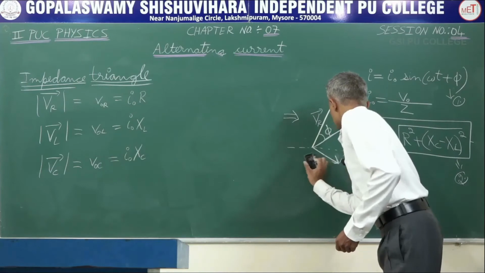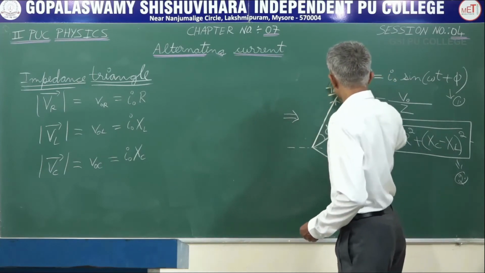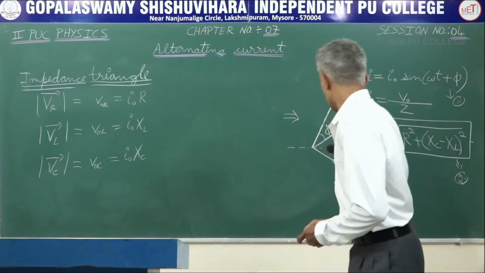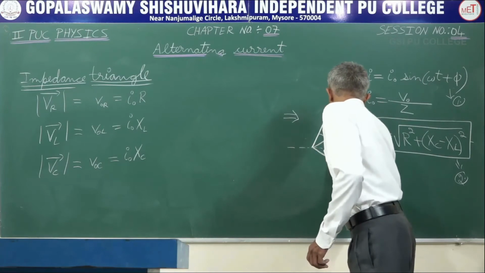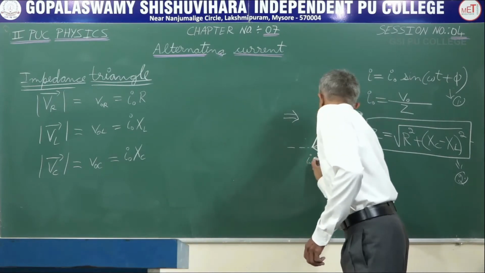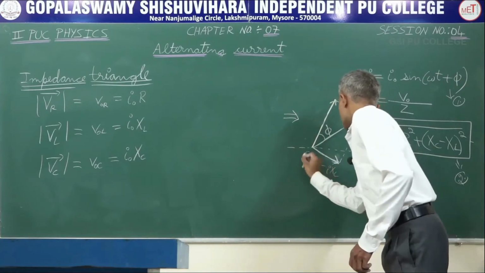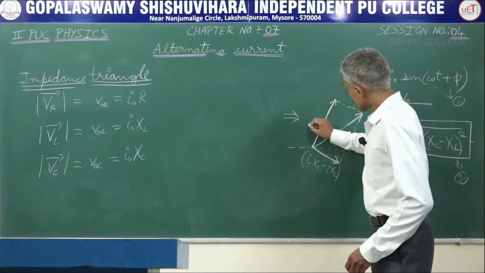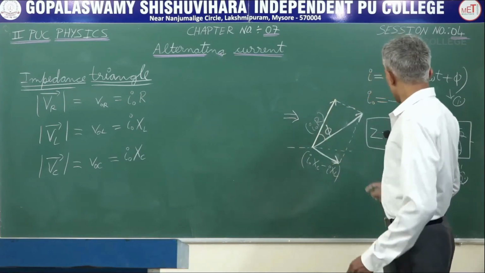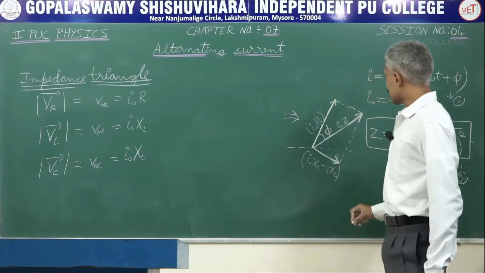If you are to write this in terms of only the magnitude, the magnitude of this vector will now become I naught XC minus I naught XL, and here it is I naught into R, and here I can write it as I naught into Z.